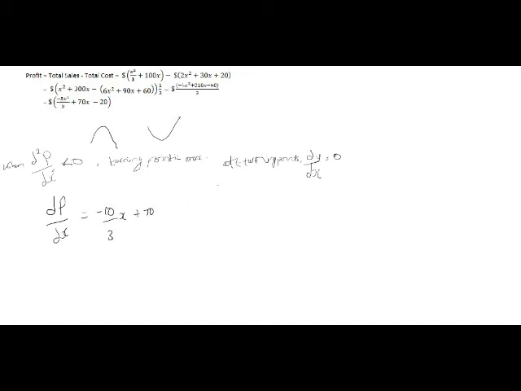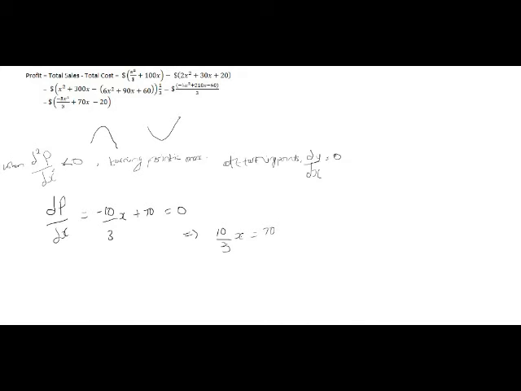Now remember that at our turning point, dy dx is equal to 0. So from this we can actually find our value of x. So we can proceed, equate this to 0. So this will give us minus 10 over 3x plus 70 equals 0. When minus 10 over 3x goes to the other side, it becomes positive. So 10 over 3x is equal to 70.